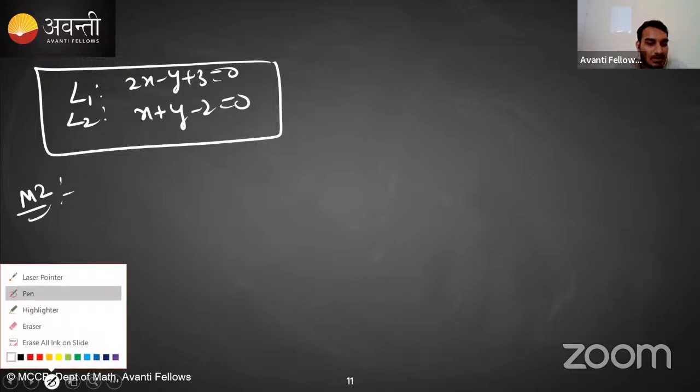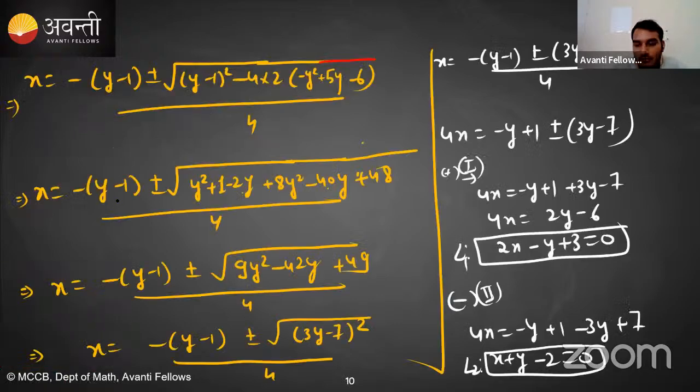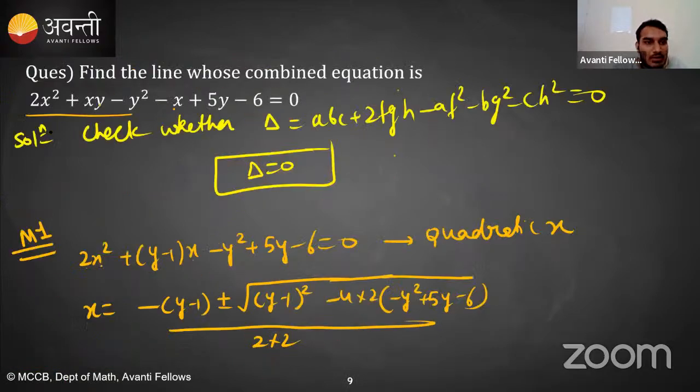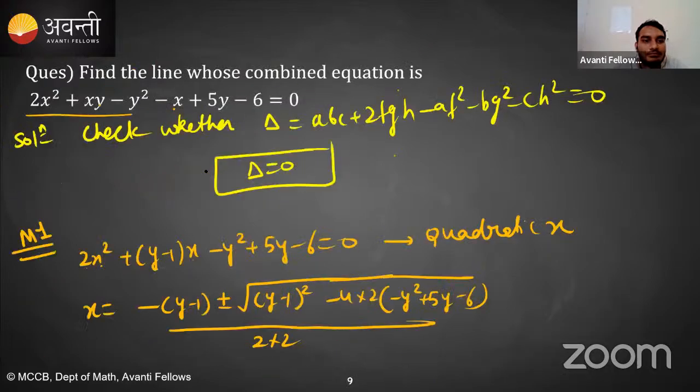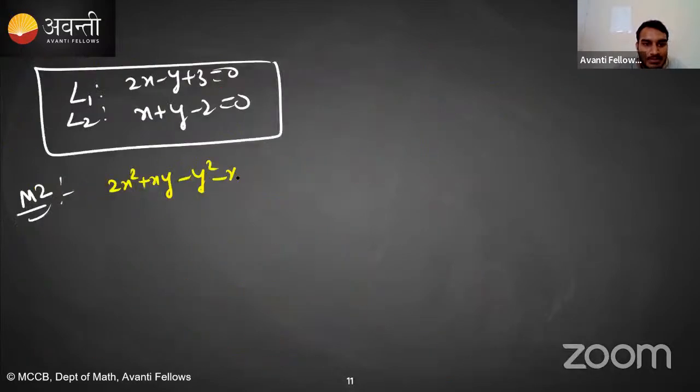So first of all, write down the general equation. What is the equation? 2x square plus xy minus y square minus x plus 5y minus 6 is equal to 0. Is this clear, everyone? Okay.